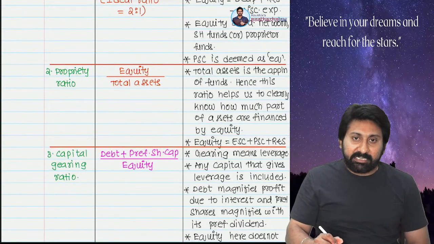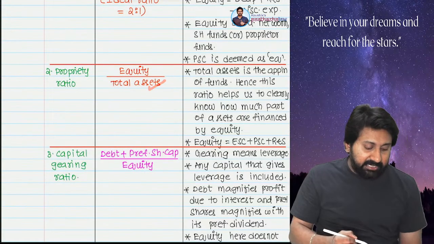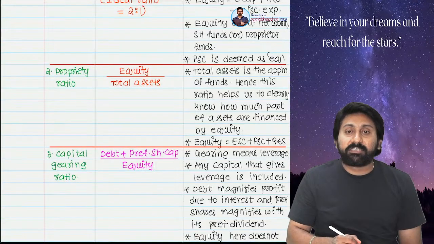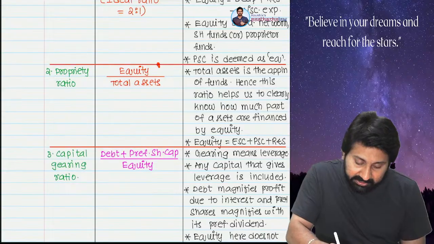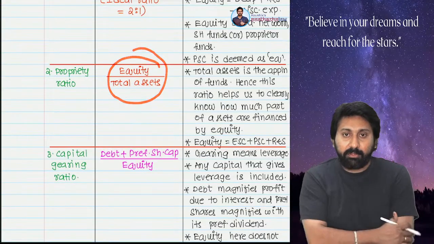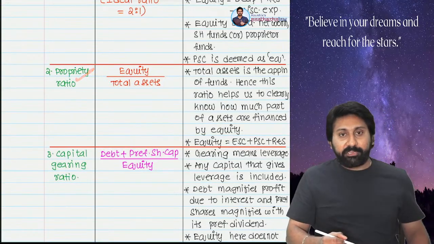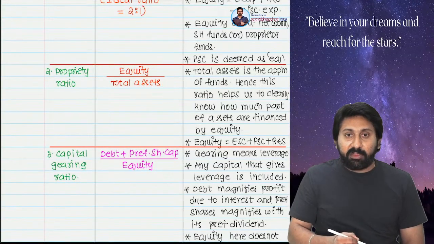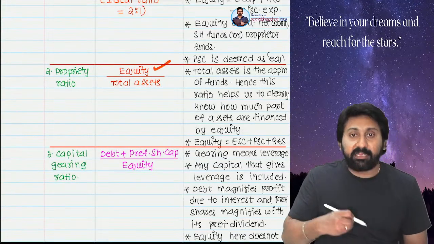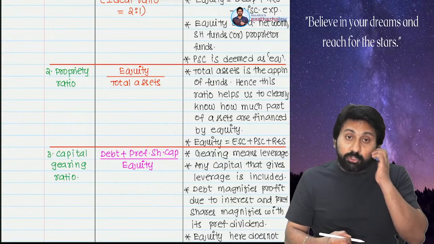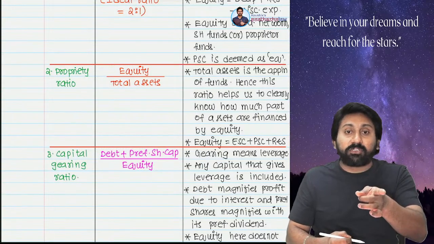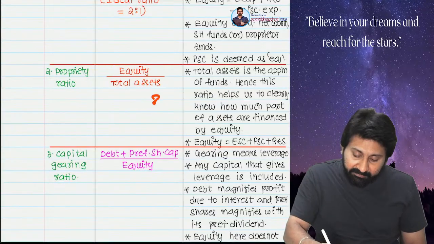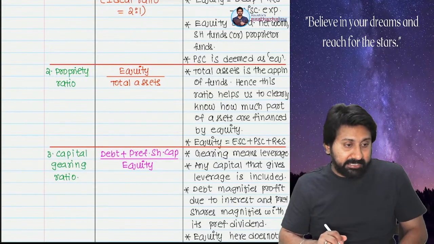It means in the total assets of the company, how much is purchased out of owner fund, how much is purchased out of the debt funds. This ratio will help us to know about it. In the total assets of 100 rupees, how much is invested through equity, means through owners, how much through lender. If this is 70%, lender is 30%. If this is 20%, lender is 80%.